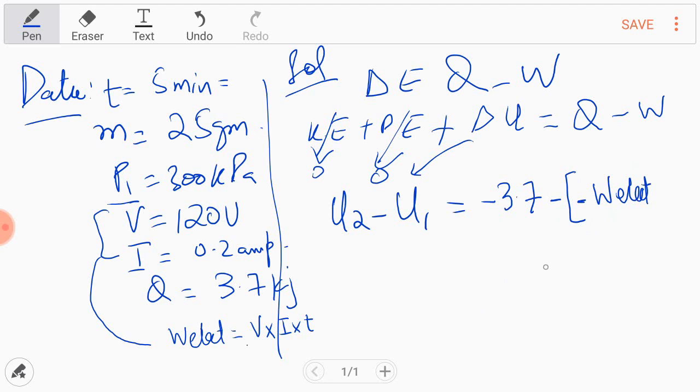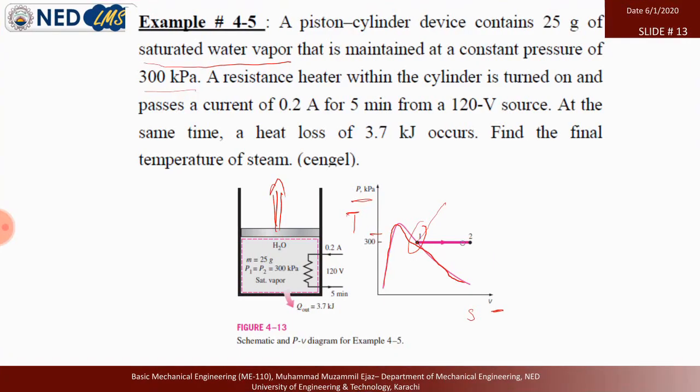And P delta V is the pressure-volume work done by the system. If work is done by the system, we write it with a positive sign, and we write this as PV, or W electrical and mechanical, two works in the system diagram.